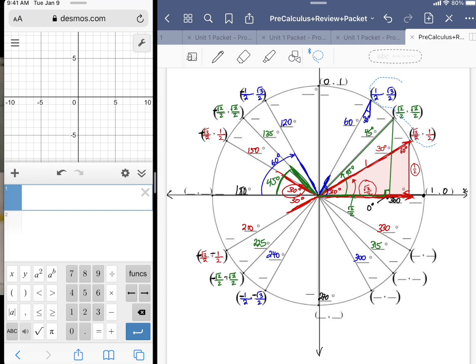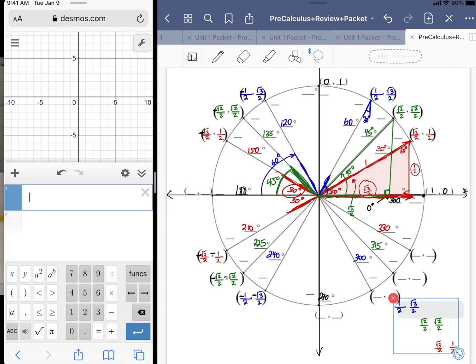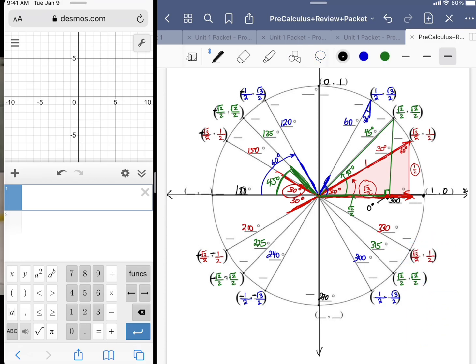We'll take these and negate all the y values. All right, so now I have my coordinates. This one would be 0, -1, and this one would be -1, 0. I have all my coordinates.